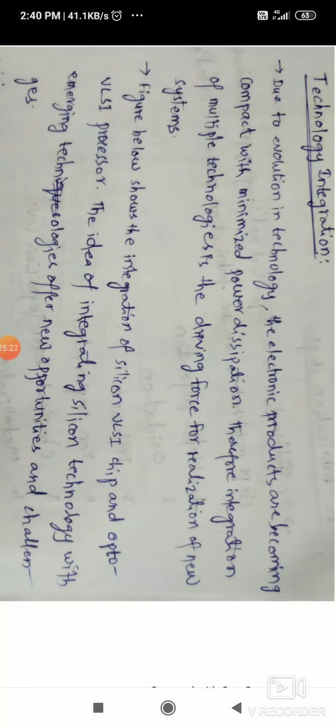Technology is increasing and many electronic products are very compact, with minimal size and low power dissipation, and because of that, these multiple technologies are the driving force for the realization of new systems.